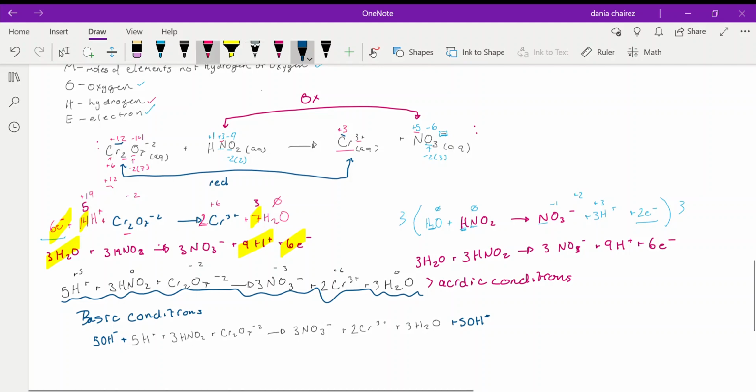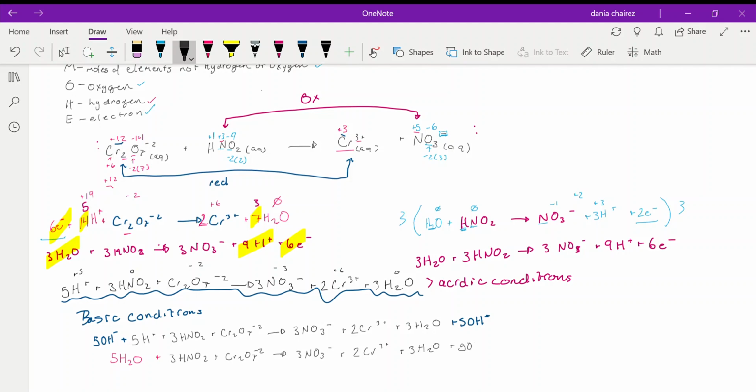So now my equation is going to have 5 H2O plus 3 HNO2 plus Cr2O7 2- yields 3 NO3- plus 2 Cr3+ plus 3 H2O plus 5 OH-.